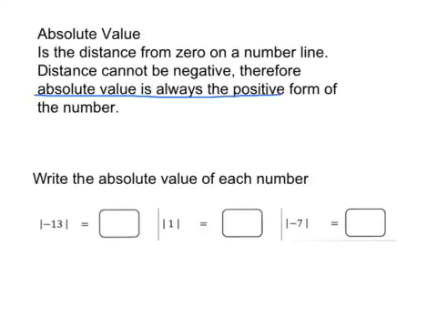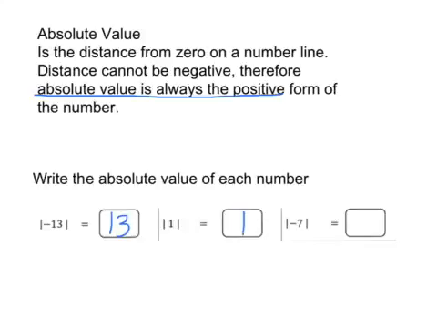So here it says to write the absolute value of each number. I want to go ahead and point out what the absolute value bars look like. They look like just bars that enclose the number. That's basically saying, what is the absolute value of -13? Well, the absolute value of -13 is +13. The absolute value of 1 is still 1.